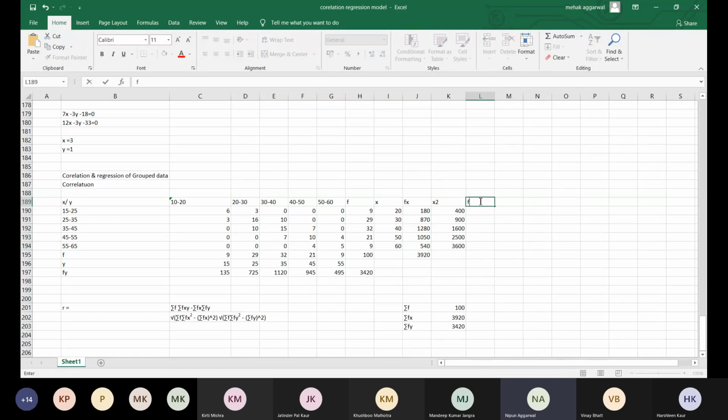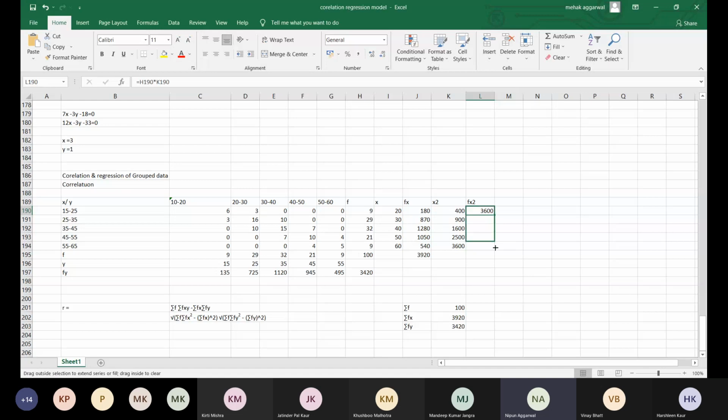Then you want fx squares. Fx square is f into x square. So do it step by step, each step. So fx square is this one.